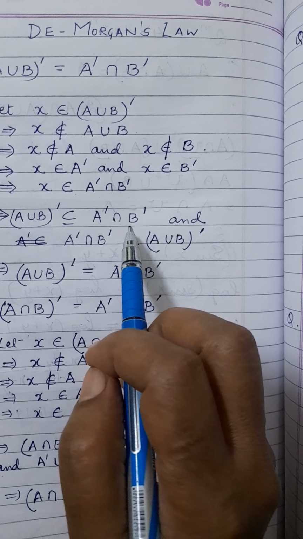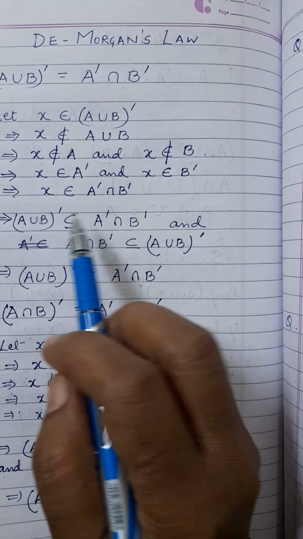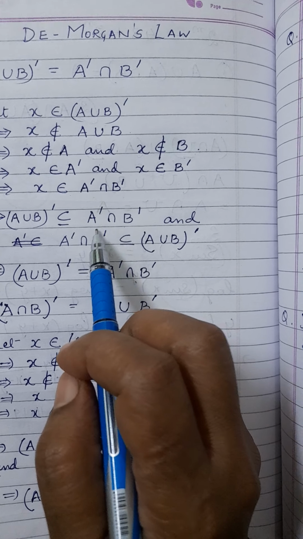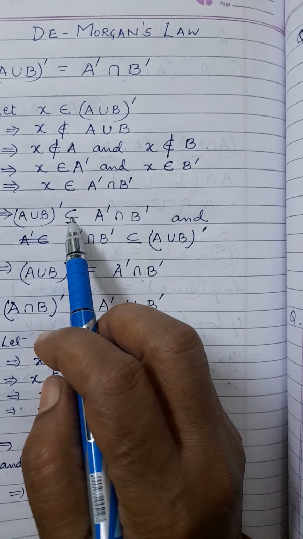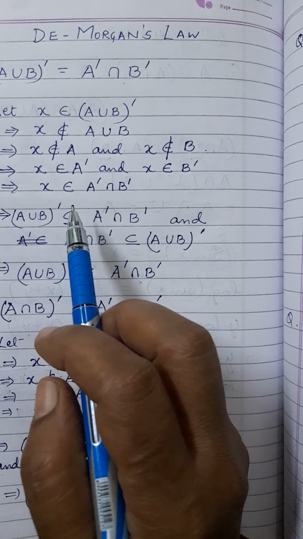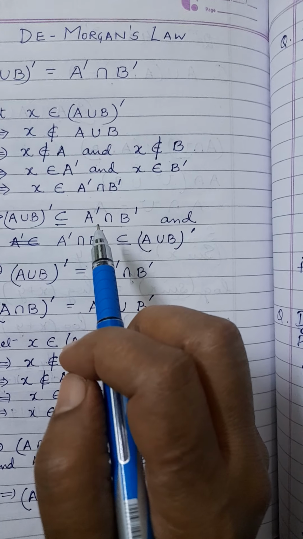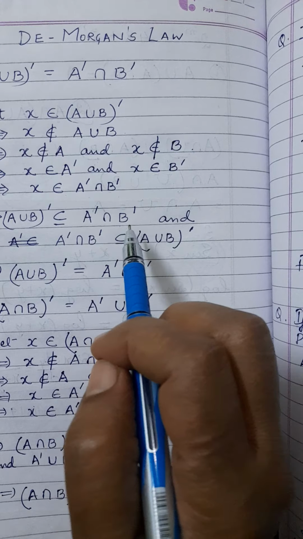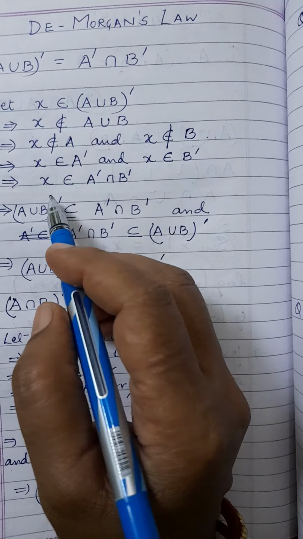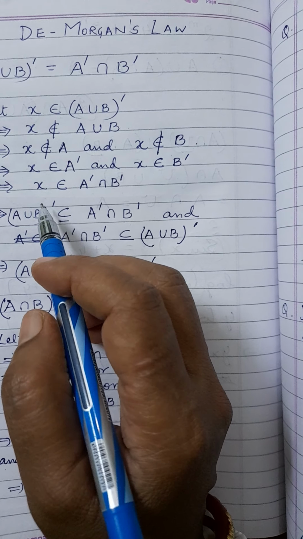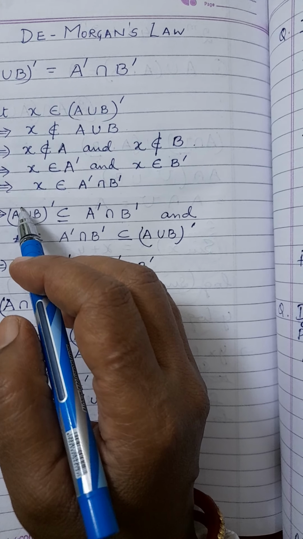Now we will try to prove the reverse of it. I will try to prove that A' intersection B' is a subset of (A union B)'. So we will start from x belongs to A' intersection B'. Now we will take help of the sign of double implication.